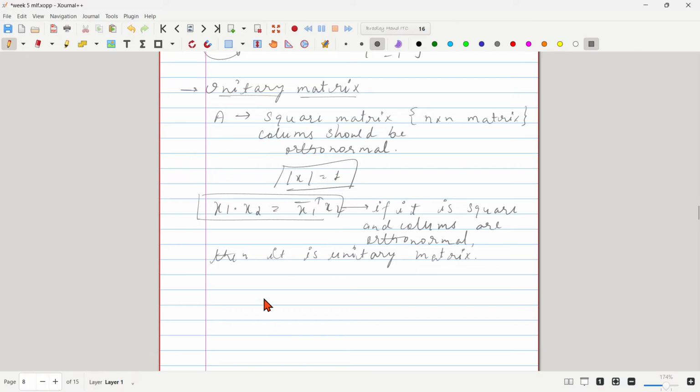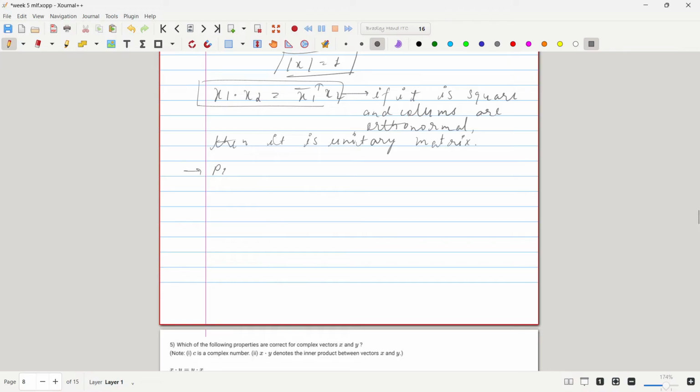Okay. Now the properties of unitary matrix.